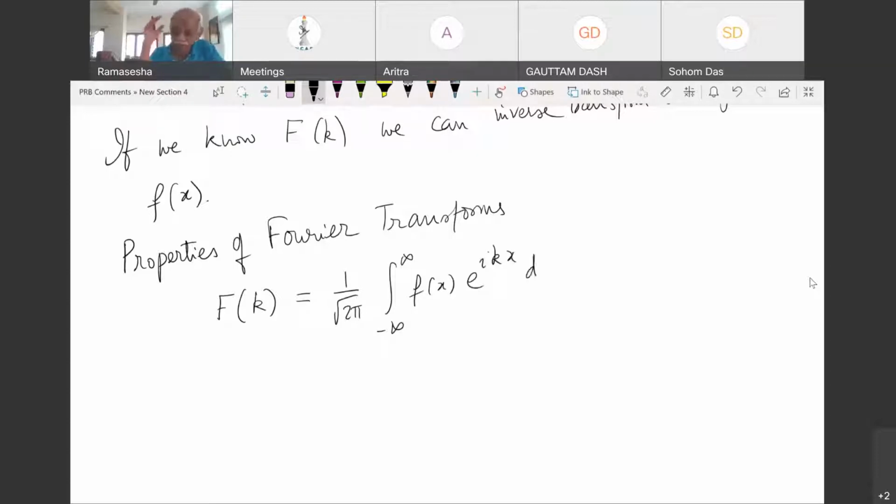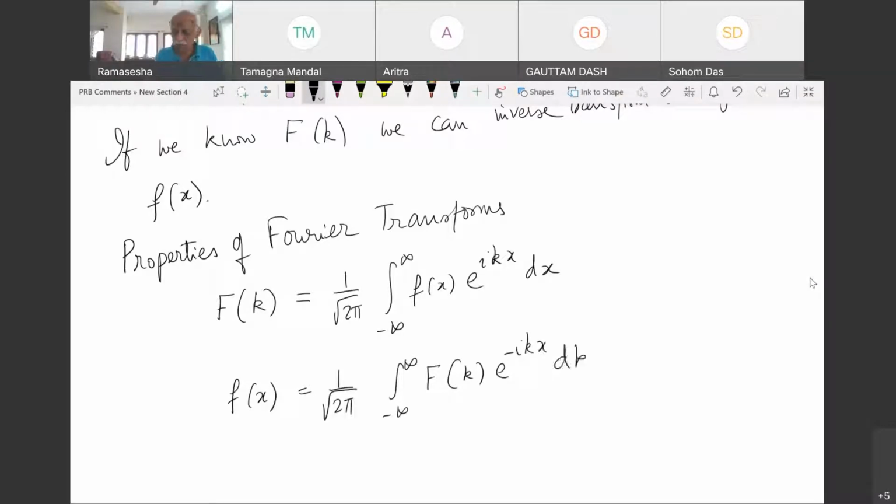Whether you use ikx or minus ikx, the only thing is that you do the reverse transformation with the opposite exponent when you are trying to get f of x. So the integral over x will be a function of k, and the integral over k will give back the function of x.